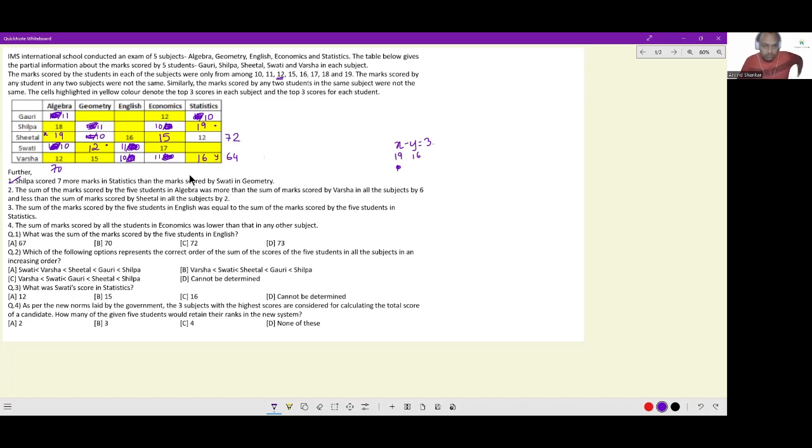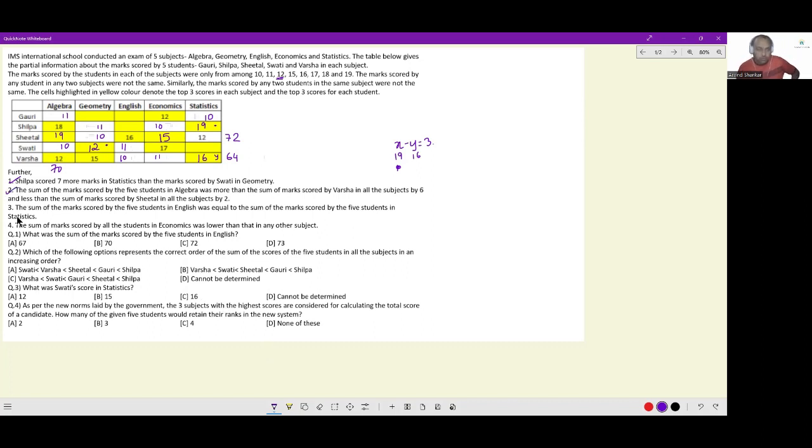Now, just removing these crosses. They're not looking pretty, and it doesn't impact the solving in any way. We have got this right now, and this second point is also taken care of.